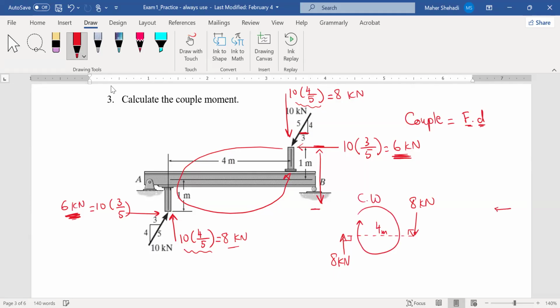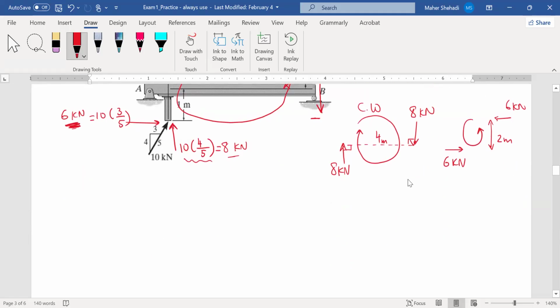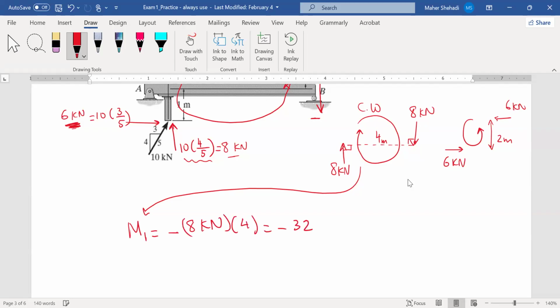The other one is this direction, this direction. It's 6 kilonewtons, 6 kilonewtons here, and the distance is 2 meters, and it's going in the counterclockwise direction. Okay, so the first couple, this one, it's minus because it's clockwise, F times D, so minus 32 kilonewton meter.